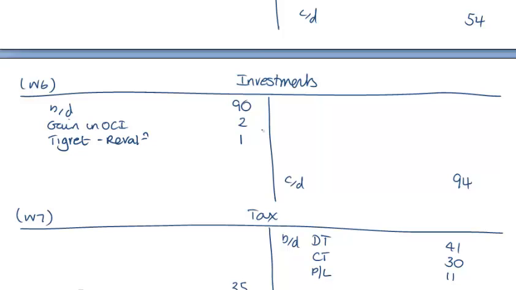And what also are we going to be doing at this stage? Well, Tigray becomes a subsidiary. If it's a subsidiary, it's no longer an investment. So I'm going to say Tigray becomes a subsidiary, and I'm going to take Tigray out at the value when it becomes a subsidiary, which is 5.